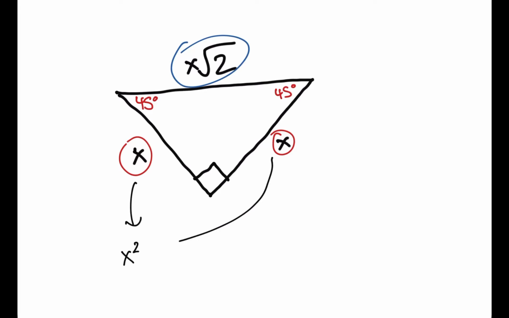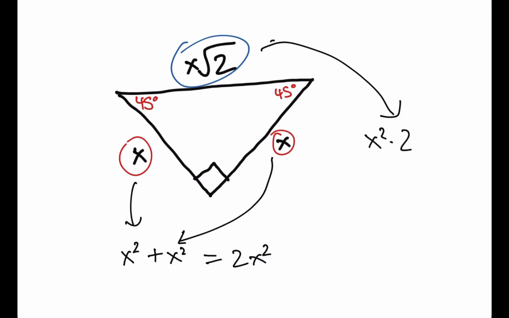We do the same to this leg over here, and we add x squared as well. Now this should equal 2x squared. And if we take the hypotenuse and we square that, we get x squared times 2, or 2x squared. This is how we know that this triangle works.